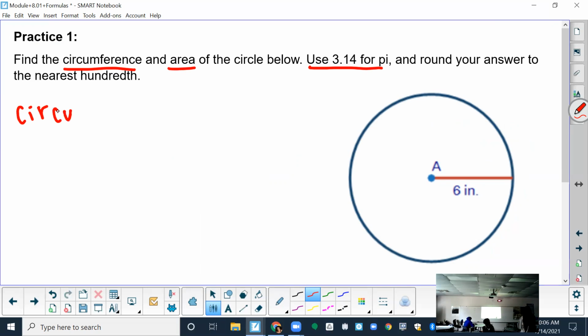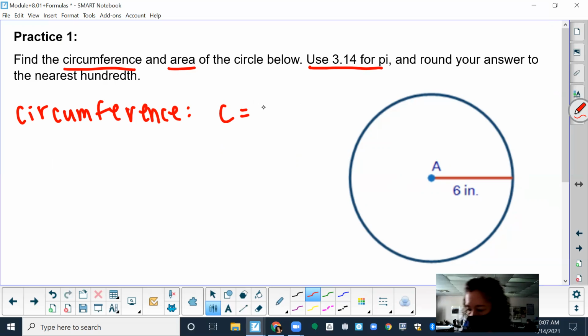Look in your notes, find the formula for circumference. The circumference for a circle is what? Should be like the second page towards the top.